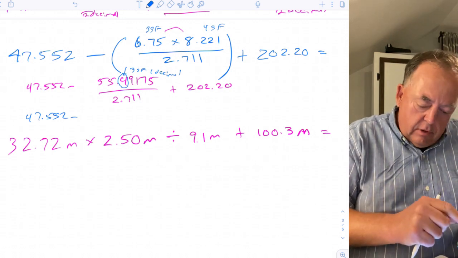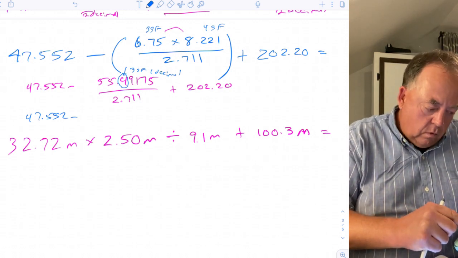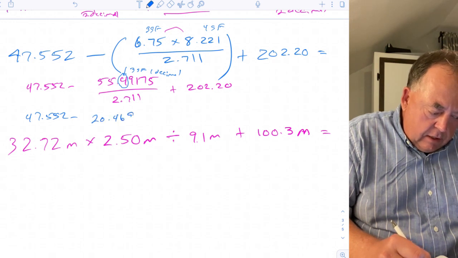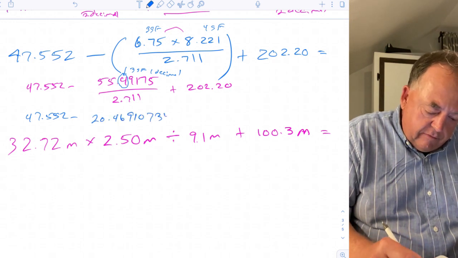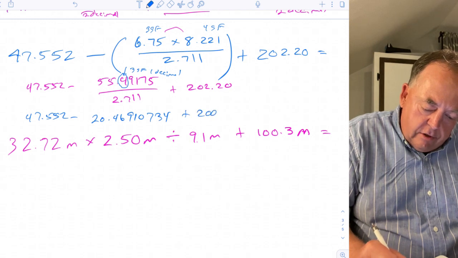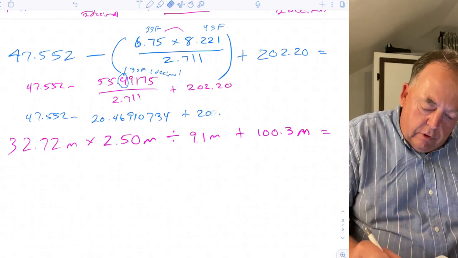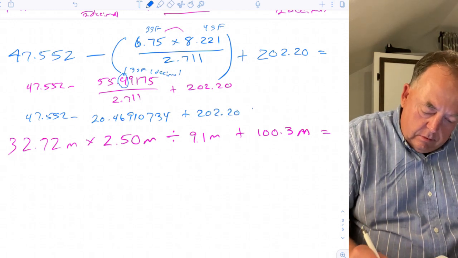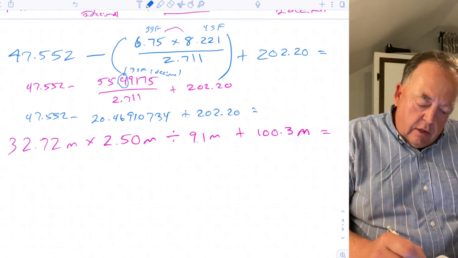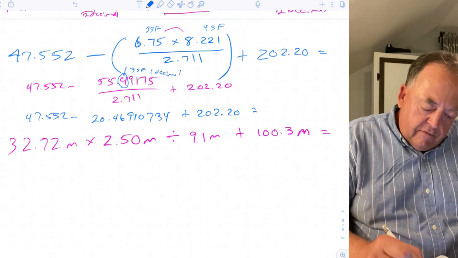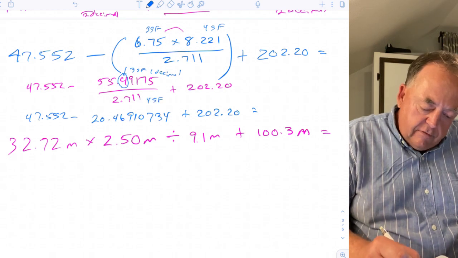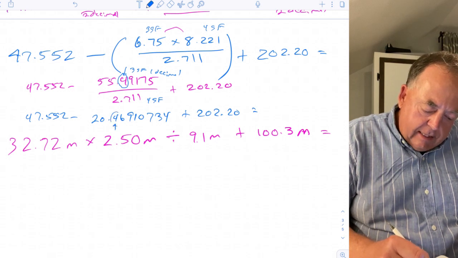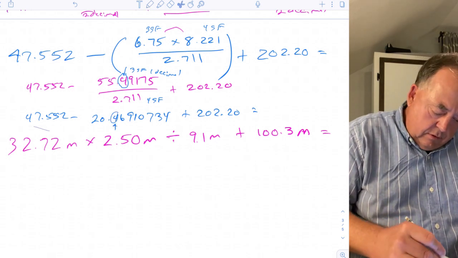So take that number, divide it by 2.711, and we get 20.4691074. Again, we don't round until the very end, otherwise you end up with a rounding error. Okay, so now this number on top had 3 significant figures. The number on the bottom had 4 significant figures, so your answer can only have 3 significant figures, which means that is the last number that counts.